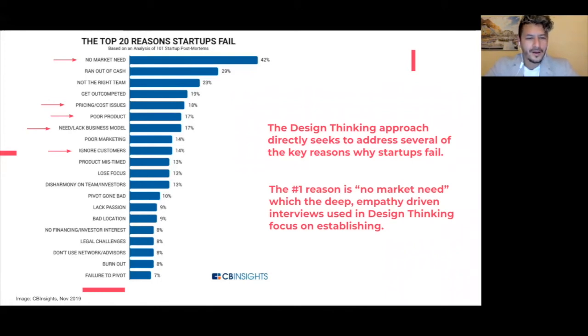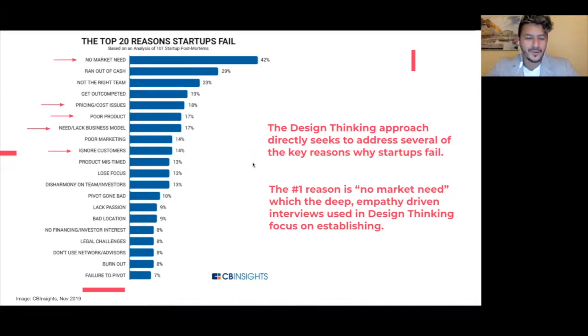Okay, but it will also help with other things, right? With pricing, with product, because design thinking also helps you with some techniques for product development. It helps you in that transition to identify a business model, until you have a sustainable, stable business model, and also helps you get a lot of feedback and interaction with the customers, so you don't ignore the customers.